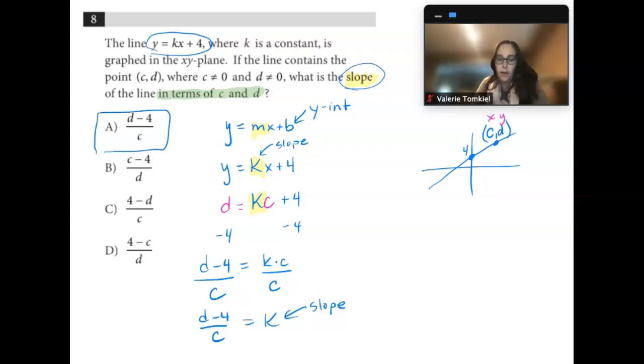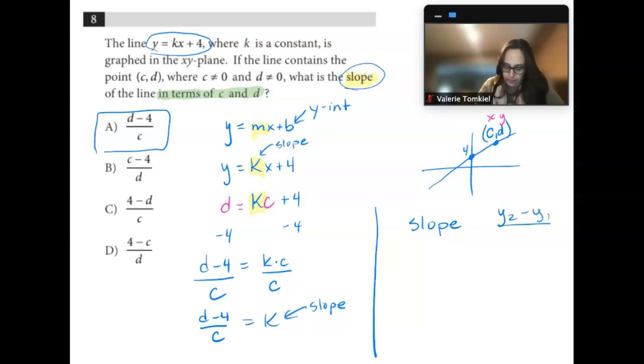Another way to do this problem is through graphing, so I'm going to go back and show you another way. I'm going to use my graph here so I have a visual representation and I'm looking for slope. All of you have some way to find slope. There's the formula, y2 minus y1 over x2 minus x1.